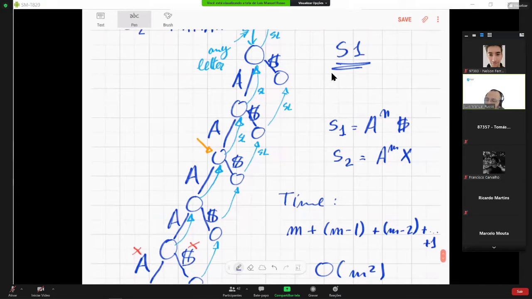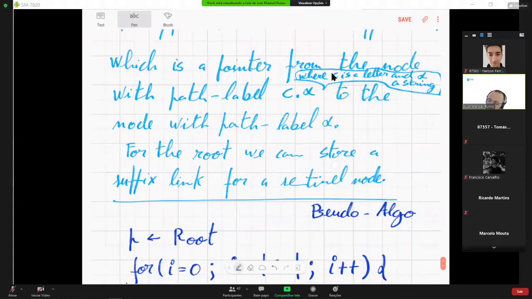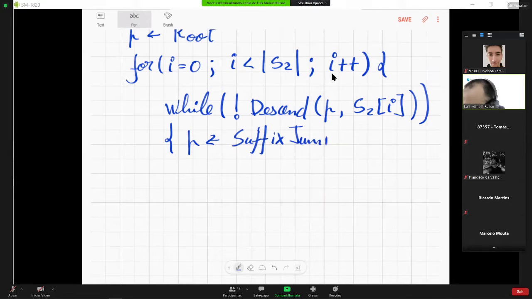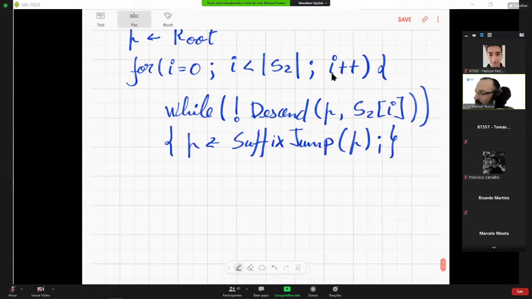So what happens is that I use the suffix link, and the suffix link, and the suffix link, and so on. I might need to use suffix links a lot of times. So while I'm not able to descend by X, I replace P, not by the suffix link, but by the suffix jump from P. If I'm not able to descend, I'll go up and up and up.